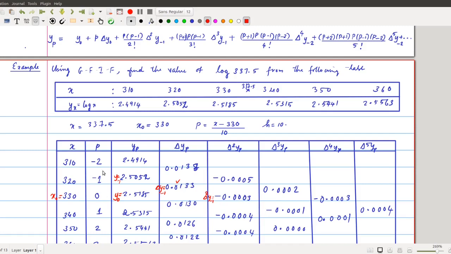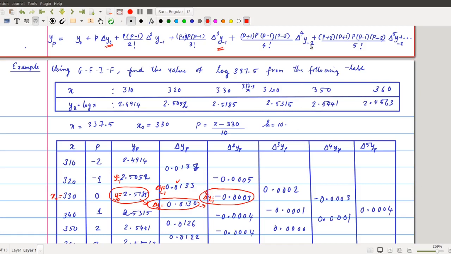Similarly, our required values are, we need to take this value, and next we will take the value. In the second term we have delta y naught, so delta y naught is this value. Then we take this one, delta square y minus 1, in the third term. In the fourth term we have delta raised to 4 y minus 2.